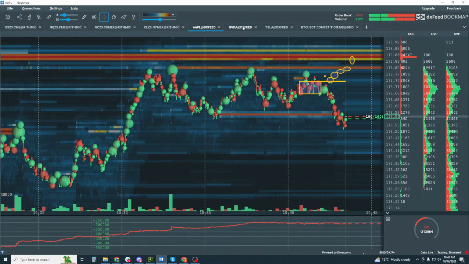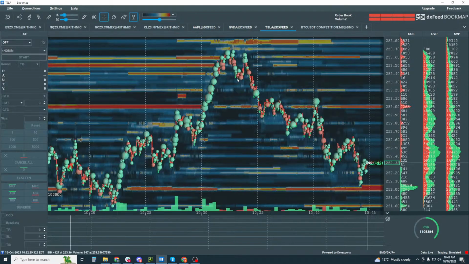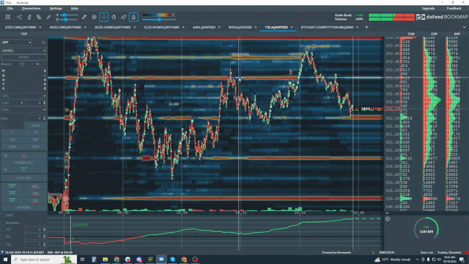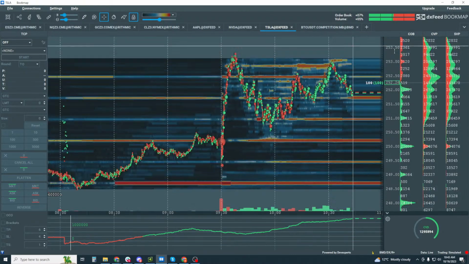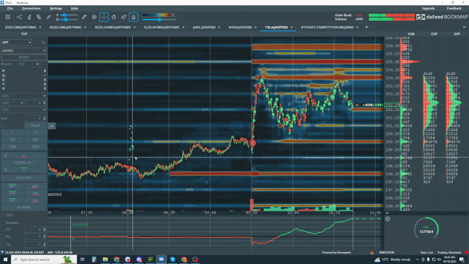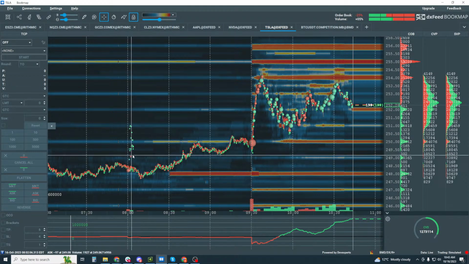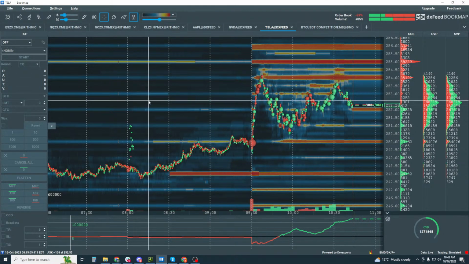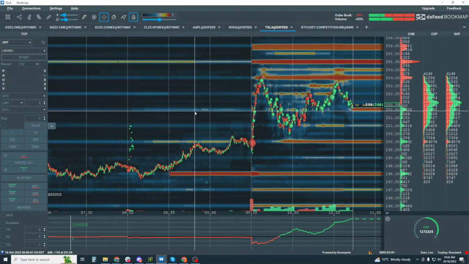Let's see what it was, Tesla as well. So let's take a quick look at that. Look at all these, it's around 8 o'clock. We have all these dark pool transactions up in these areas here. Interesting.